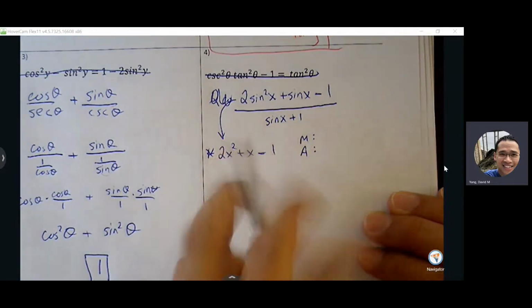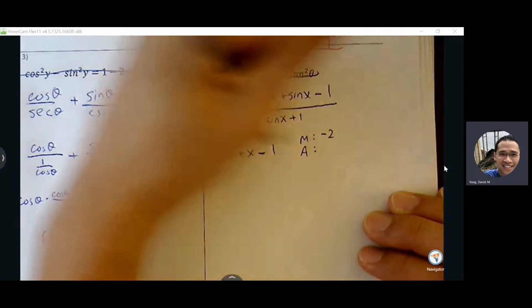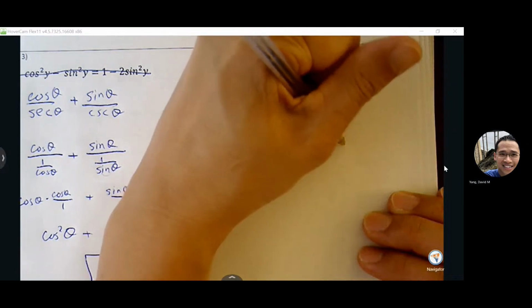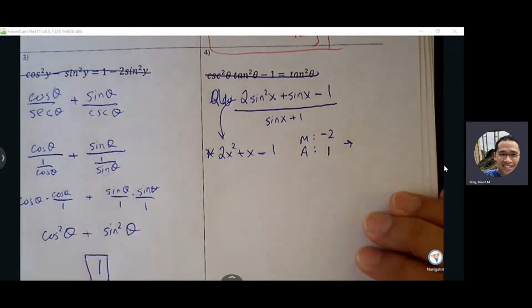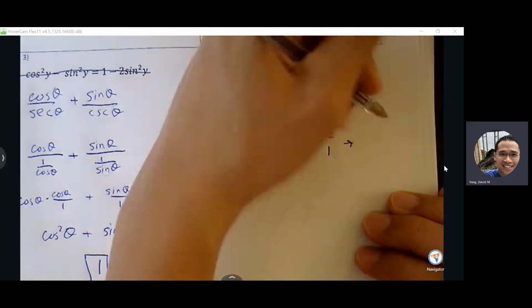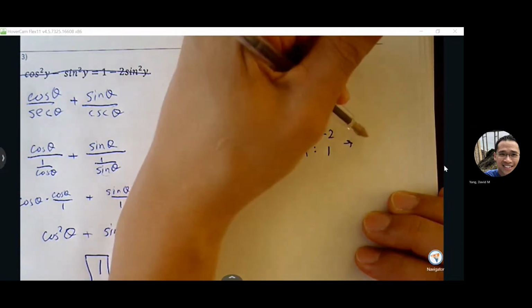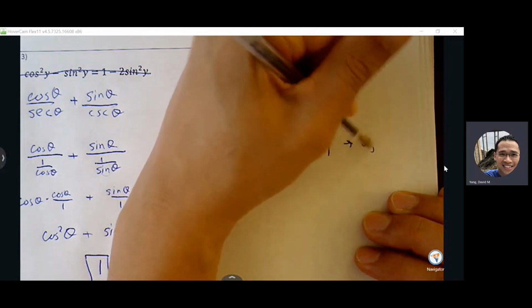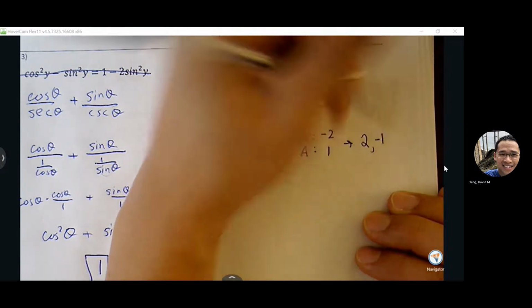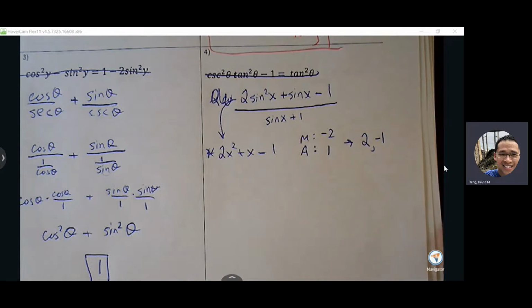Multiplies to be a times c, which is -2, and adds up to be 1. So what two numbers multiply to be -2 and add up to be 1? 2 and -1, right? 2 times -1 is -2, 2 minus 1 is 1.